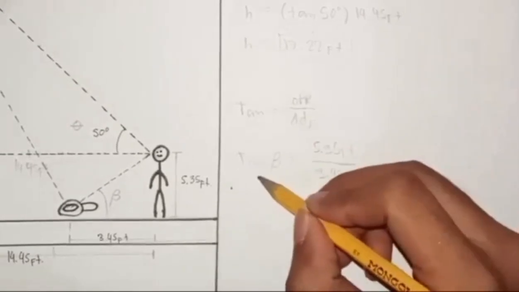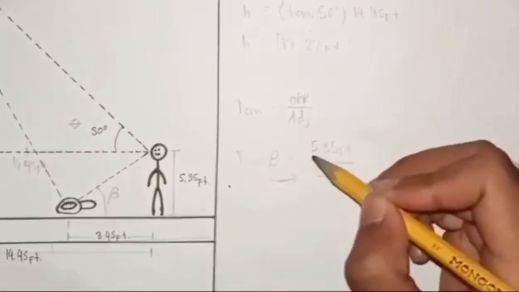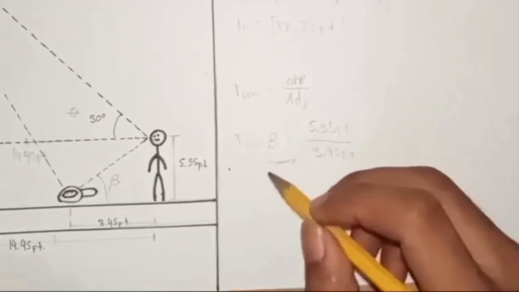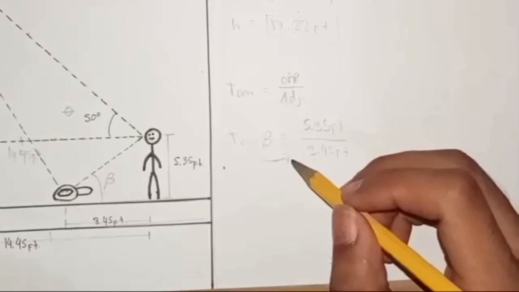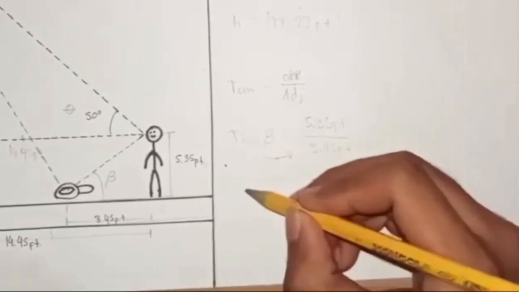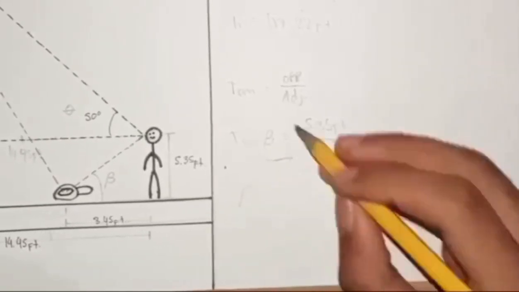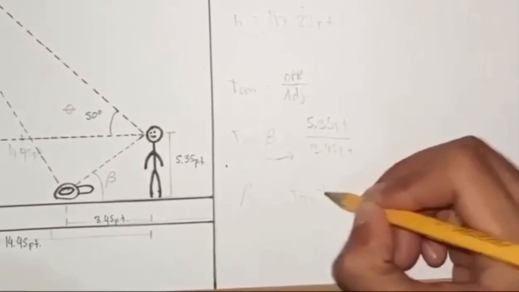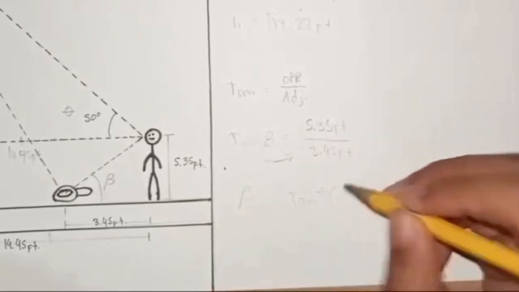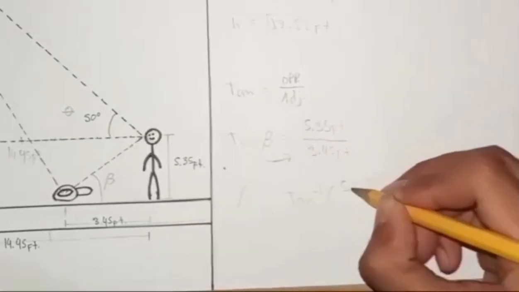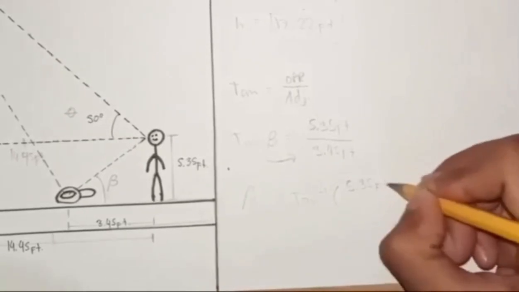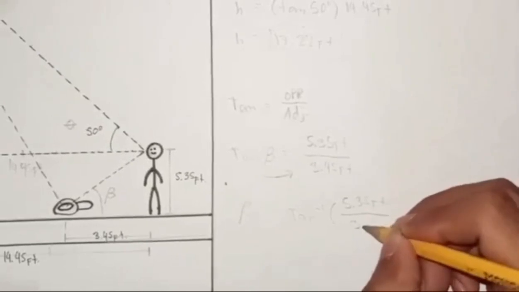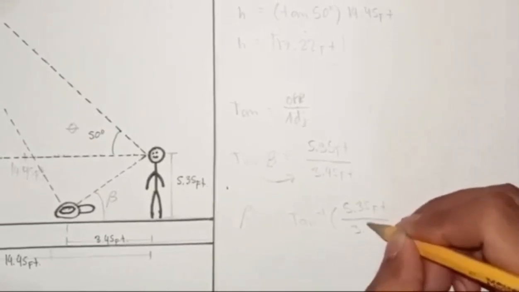The tangent will go to the other side of the equation. Then the tangent becomes arctan, or tangent to the negative one exponent. So, our equation is beta is equal to arctan of 5.35 feet over 3.45 feet.